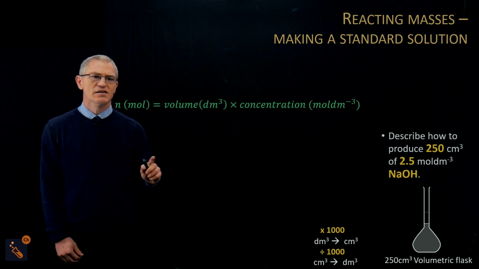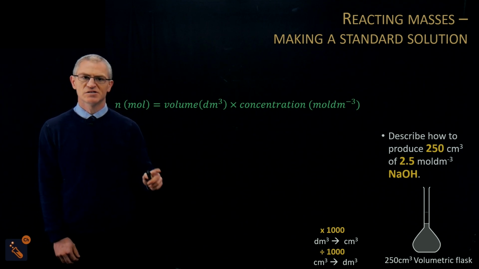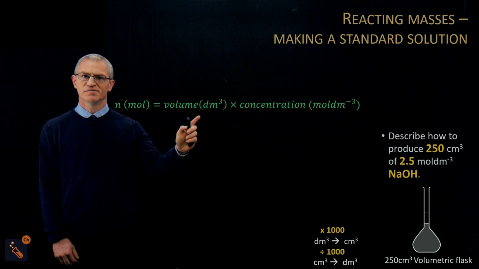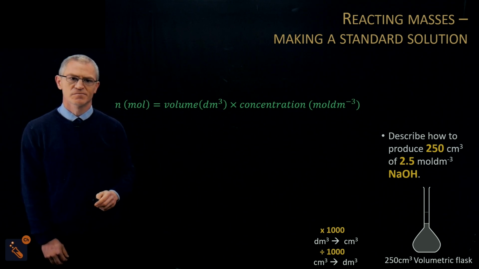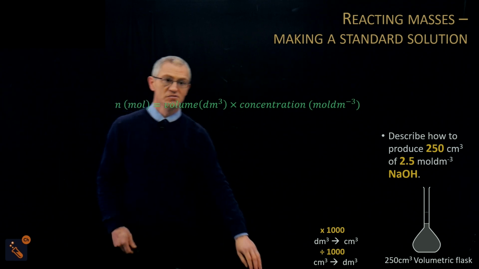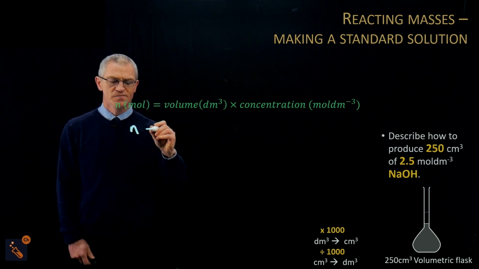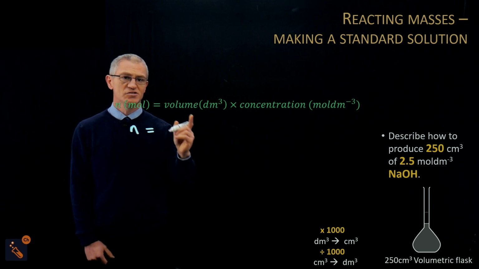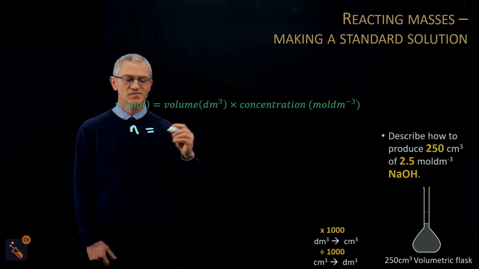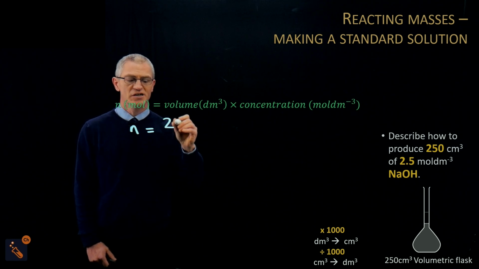Now I've highlighted the 250 and the 2.5 because that's what we have to use, the volume and the concentration. So what we have to first of all do is work out our number of moles, which is n. We take our volume, 250 centimeters cubed, and divide that by 1,000, so 250 divided by 1,000.